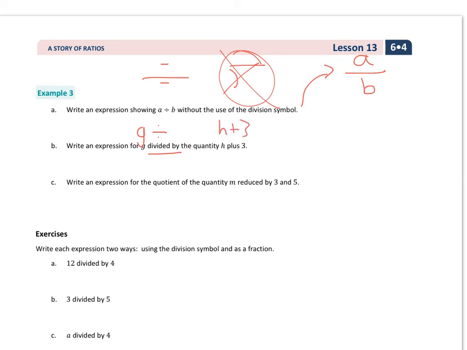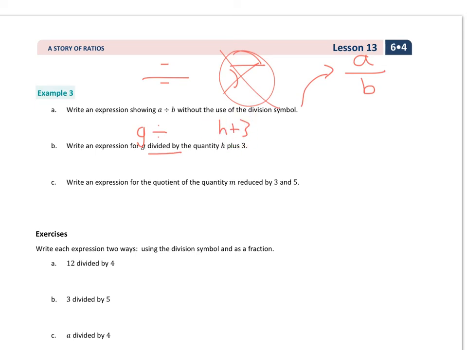The tricky part here is, if you write it out like this, it is actually telling us to divide g by h, because of order of operations, and then lastly add 3. We don't want to do that, because it says the quantity h plus 3. So we want to take g and divide it by h plus 3, whatever that is.